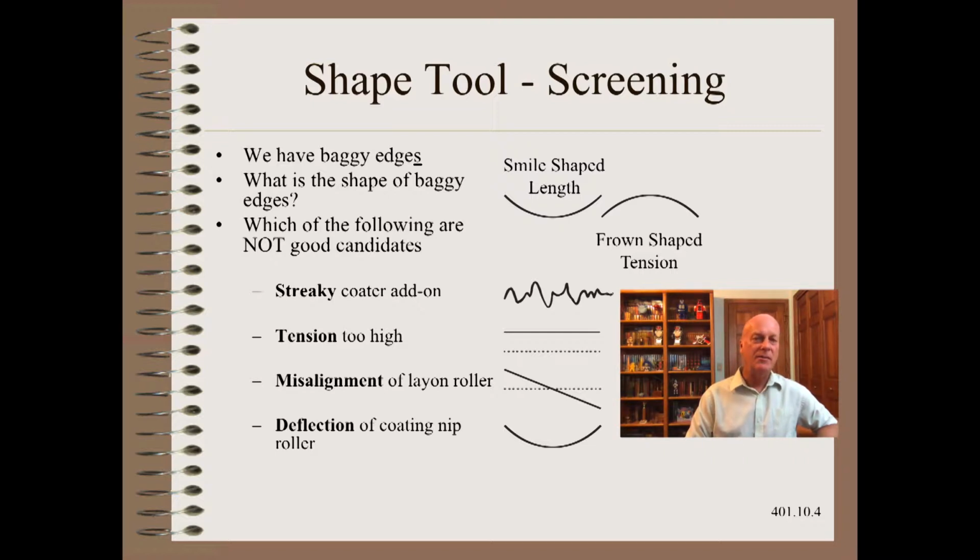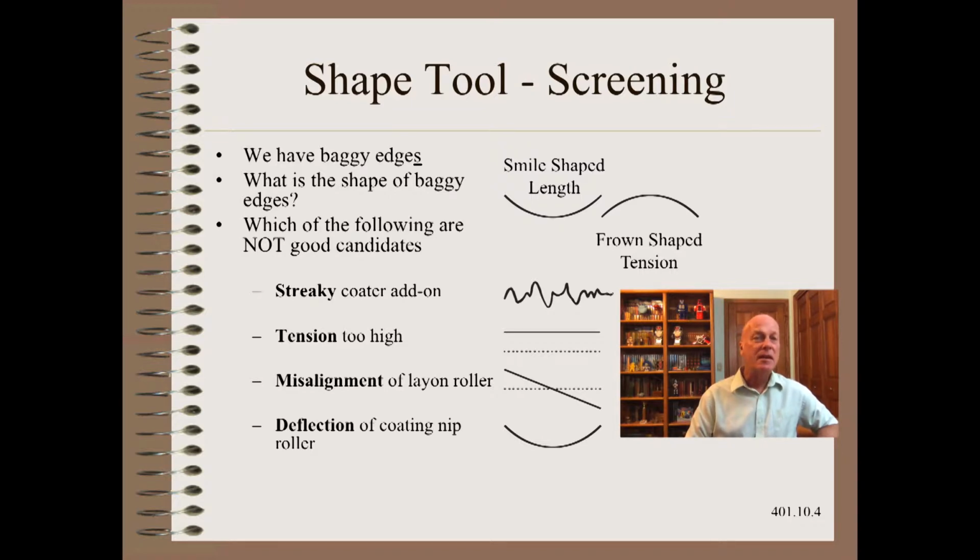Similarly with tension. Yes, tension is a factor in many, if not most, web handling problems. Also, knowing whether more or less tension is helpful is, well, helpful. But tension does not have the correct shape. Tension is not sufficient in itself. You are missing something vital.